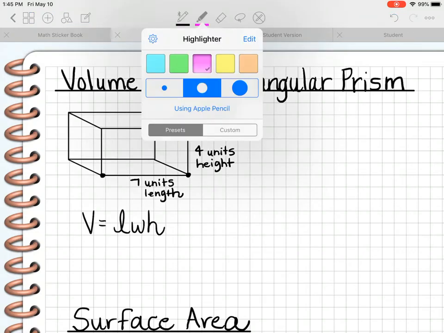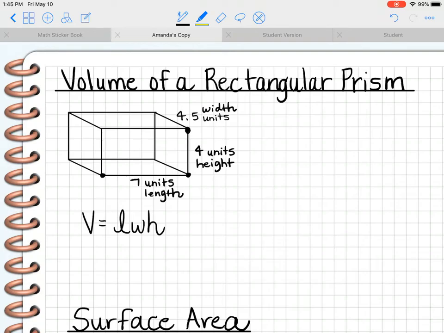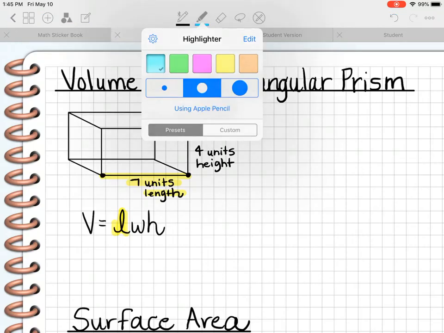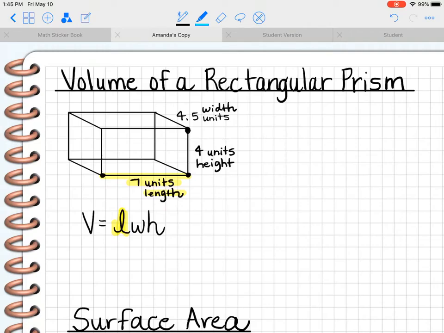L, you should hopefully already know, is length. That's the long side, and that's what this L is for. It is this long side of your prism. Then width, because that comes next. Width in this case is 4.5.